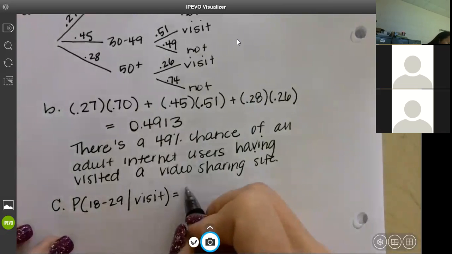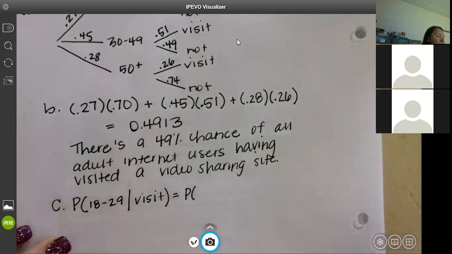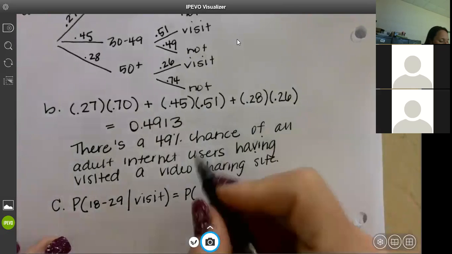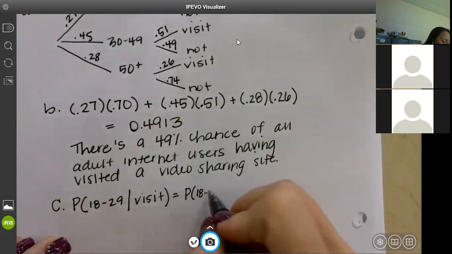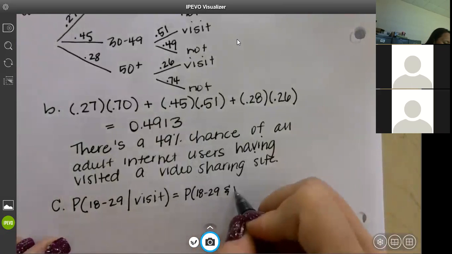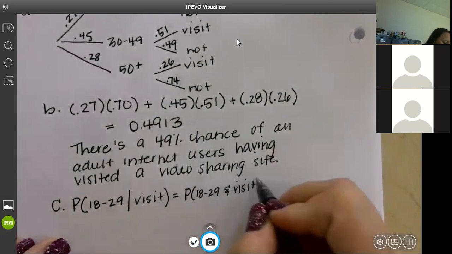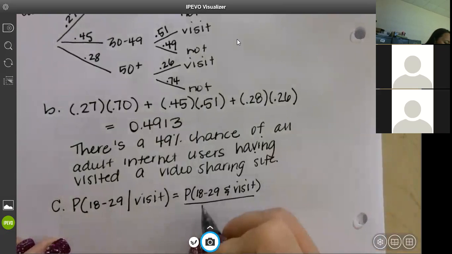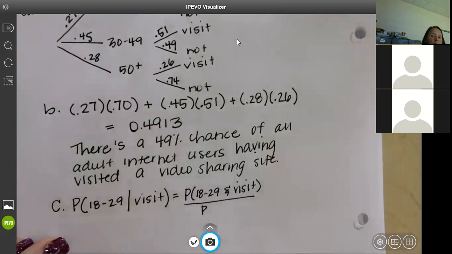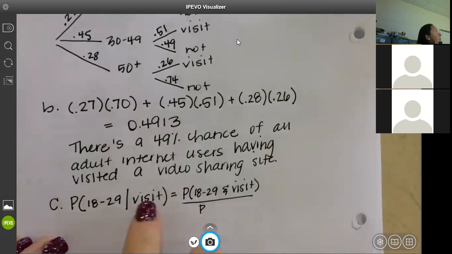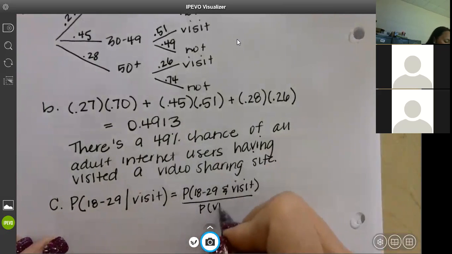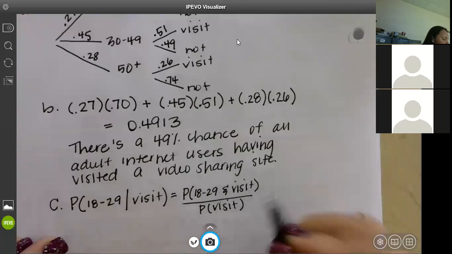What's going on top? Probability of A and B, which is 18 to 29 and visit, over the probability of what? It's always the second one. So probability of visit.